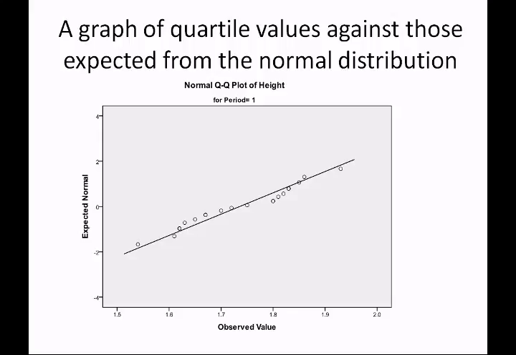If we get a straight line with our observations clustered very closely around that straight line, we can assume that we have a normal distribution. If we get major deviations from the straight line, we know that there is something strange going on in our data and can investigate that a little bit further.